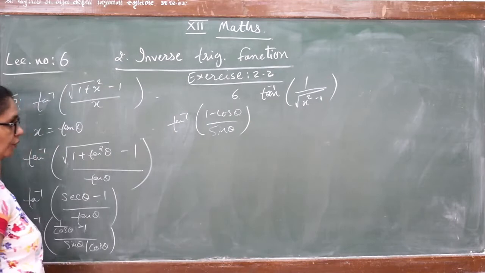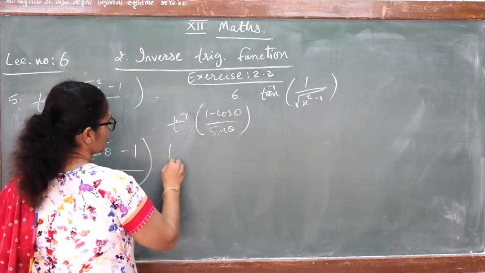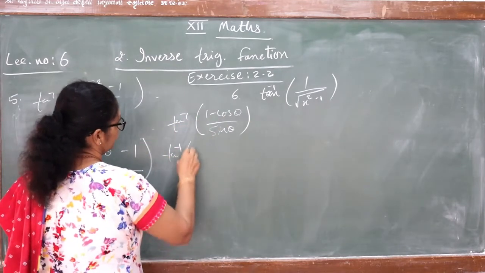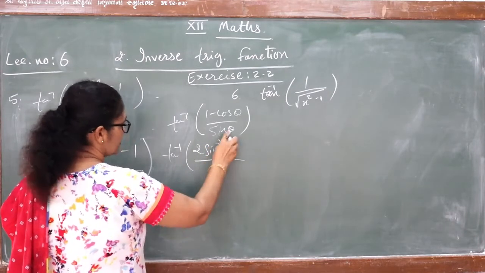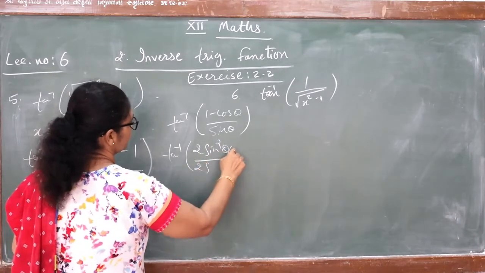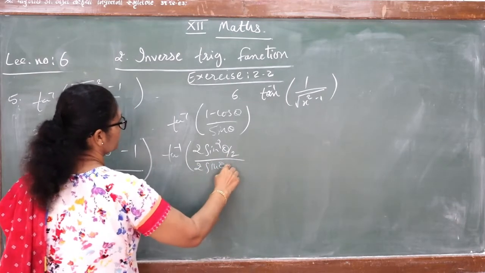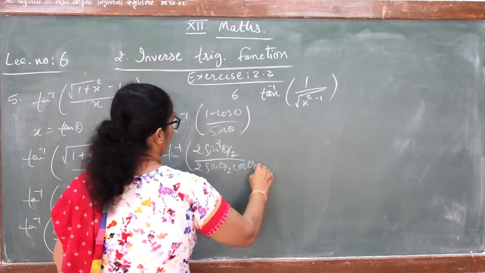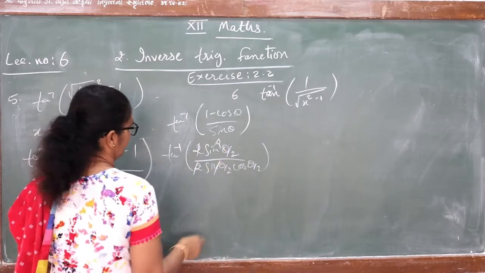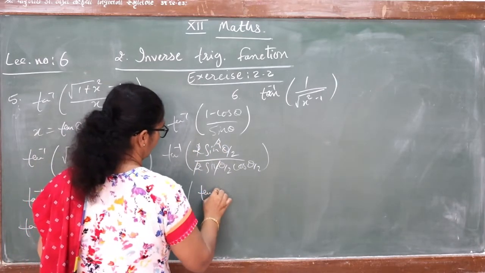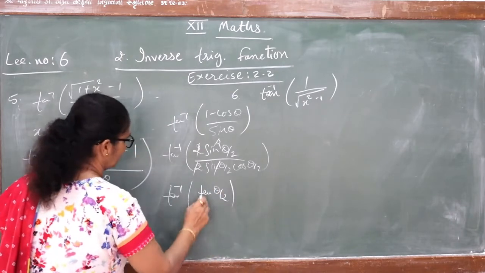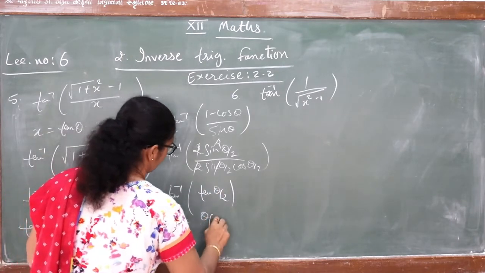Now we already know 1 minus cos is 2 sine square theta by 2, and sine theta means 2 sine theta by 2 cos theta by 2. Now 2 cancels, 1 sine cancels. Remaining is tan inverse tan theta by 2. Tan inverse also cancels. The answer is theta by 2.